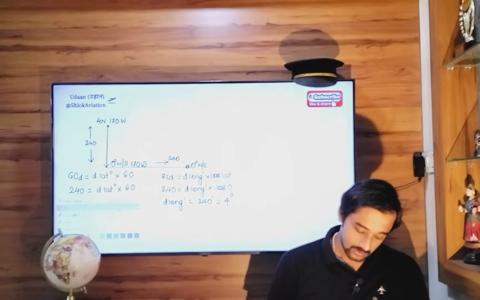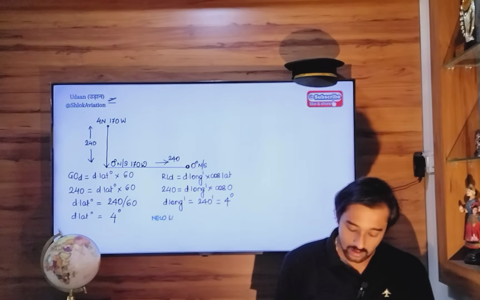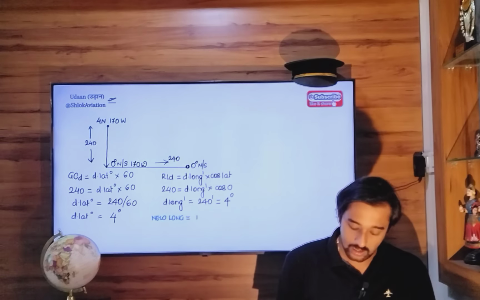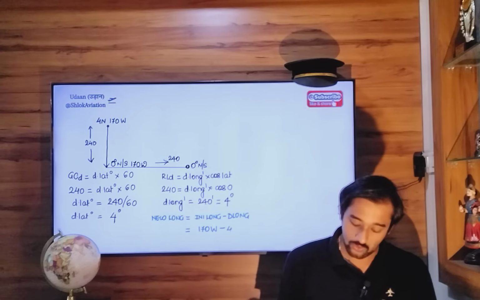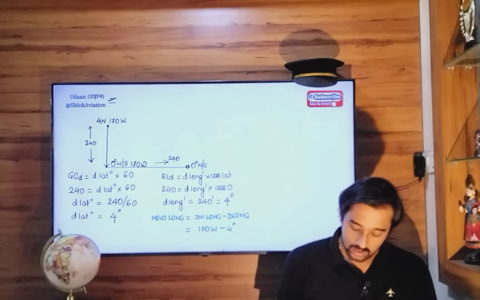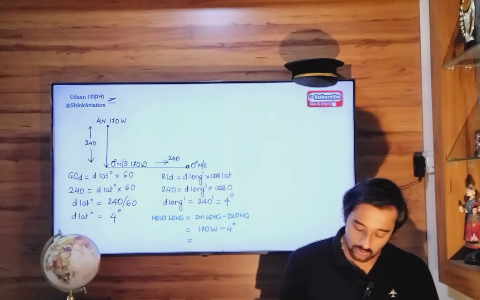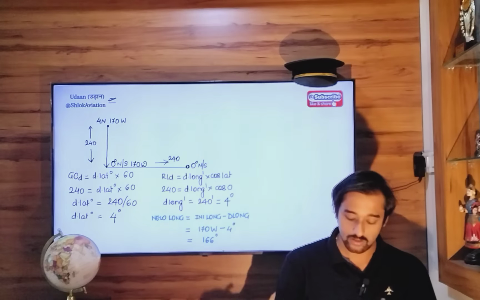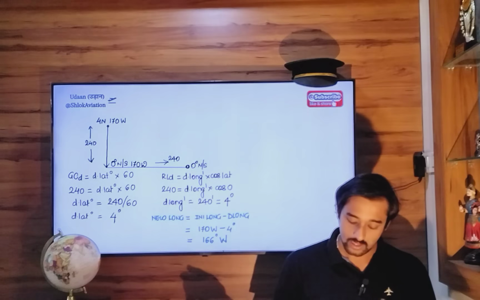Okay, so new longitude will be equal to initial longitude minus d long. So initial longitude is 170 west, d long is 4 degrees. So 170 west minus 4 is equal to 166 degrees. Okay, so 166 degrees west is your answer.